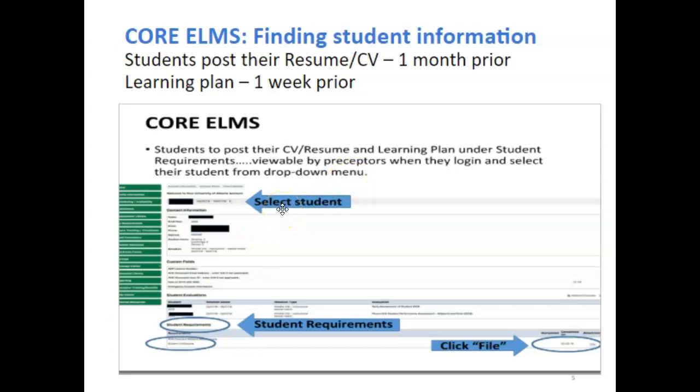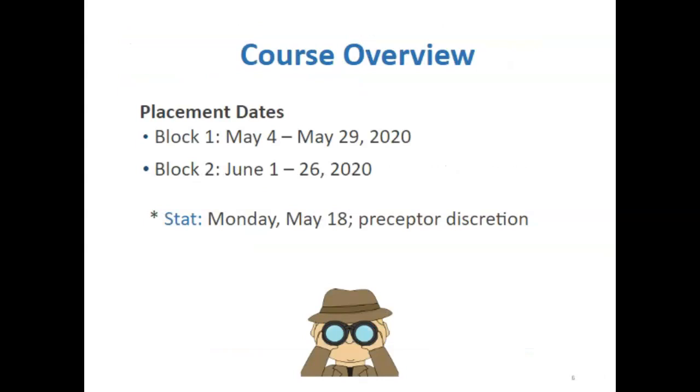Once you select the student, you'll obtain their information, and at the bottom you'll see student requirements, where it says their CV and resume. Go over to the far right-hand side, click the file, and open it up and you can see the student's resume.